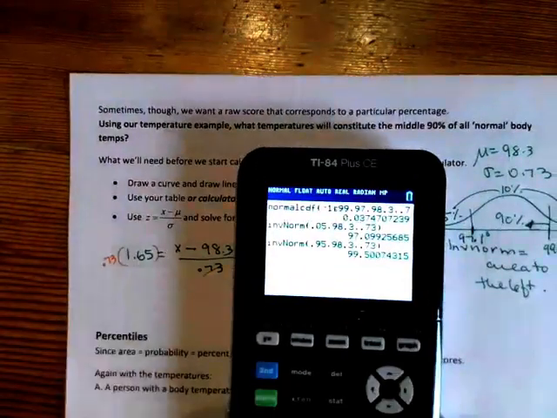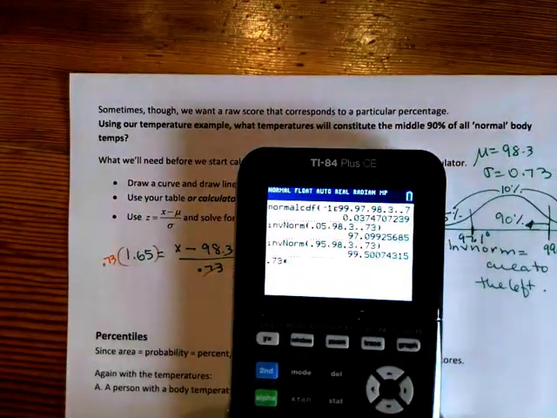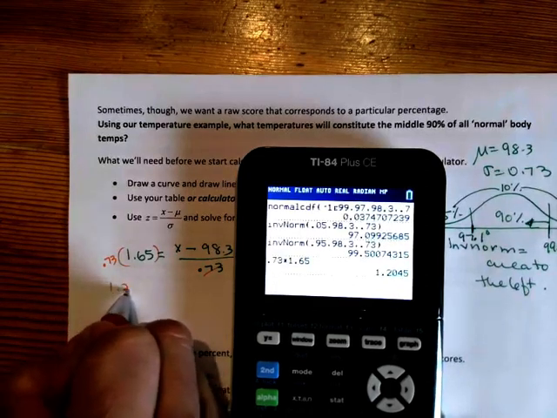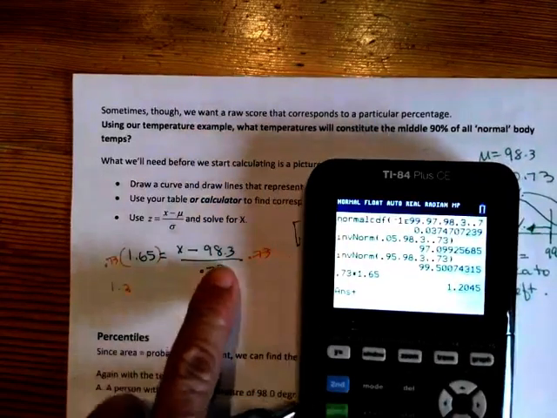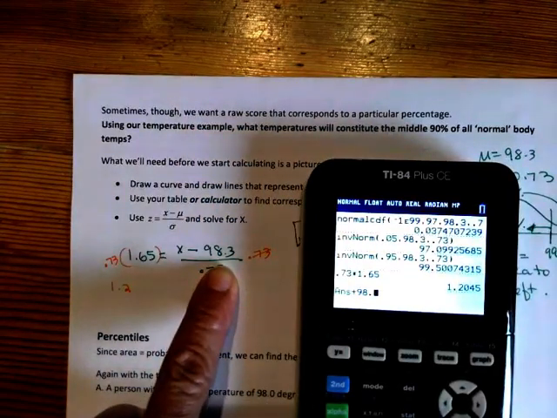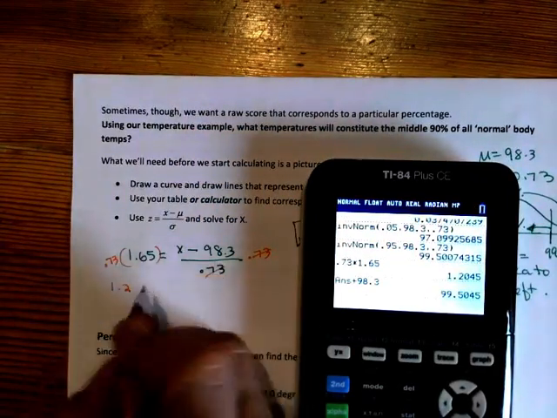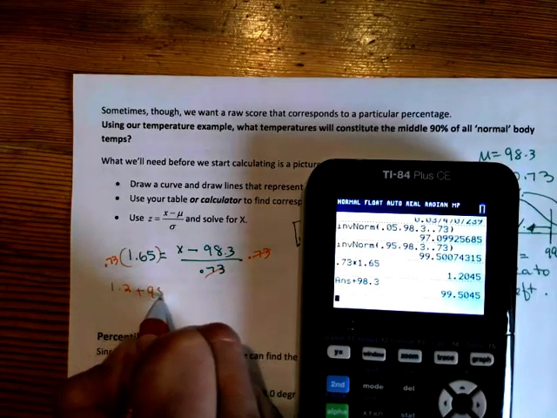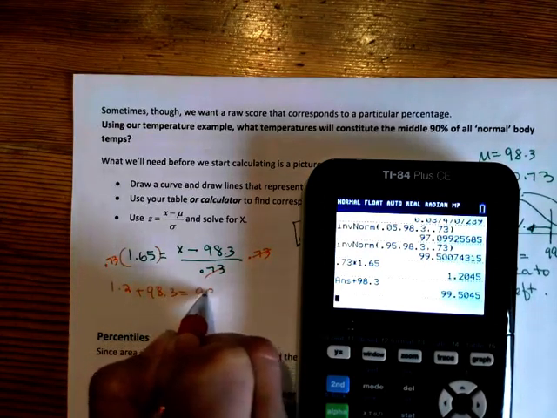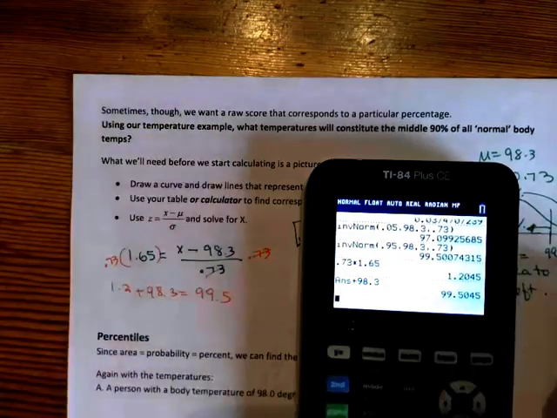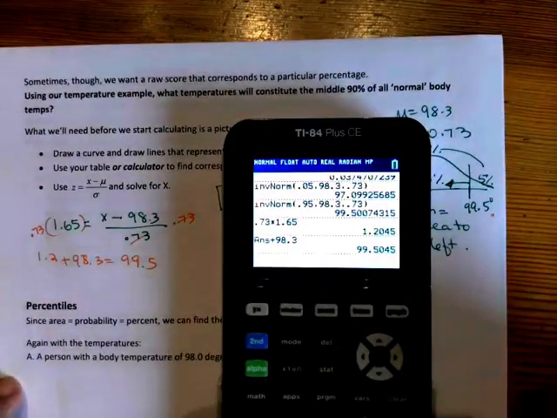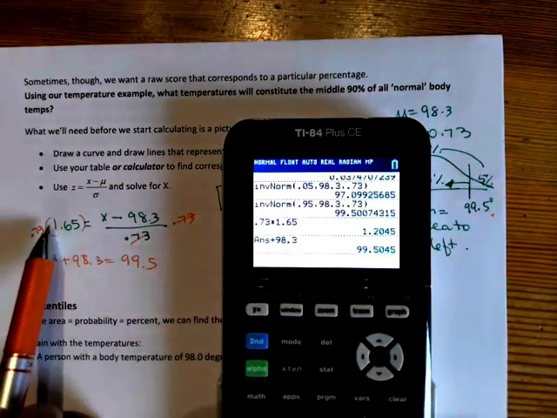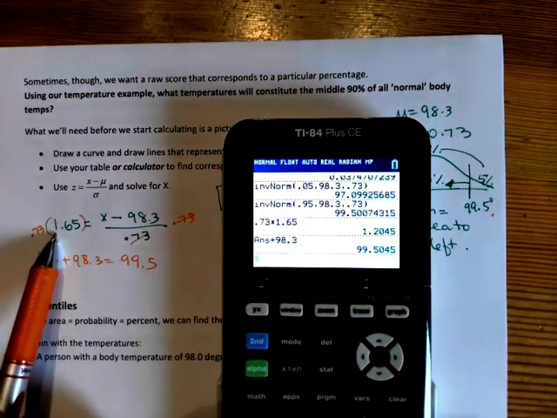So 0.73 times 1.65, so 1.2, and then I'm going to add the 98.3 across to get the x by itself. There's that 99.5 that we found from our calculator. It's kind of on the other side of my calculator here. To find the other one, you do the same thing, except you'd use a negative 1.65 there.